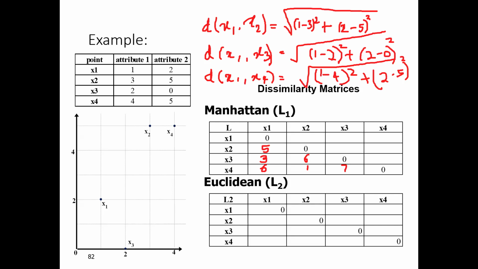So the values you will get, see whether you are getting my answer: 3.61, 2.24, then 4.24, 5.1, then 5.39.